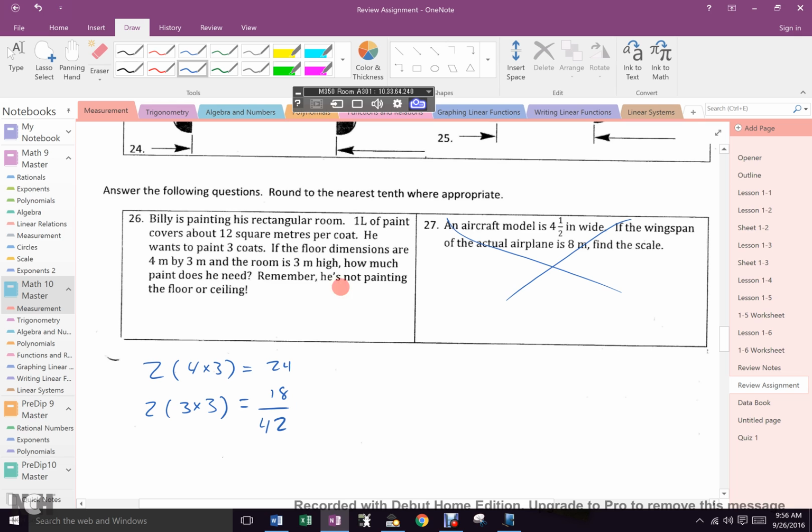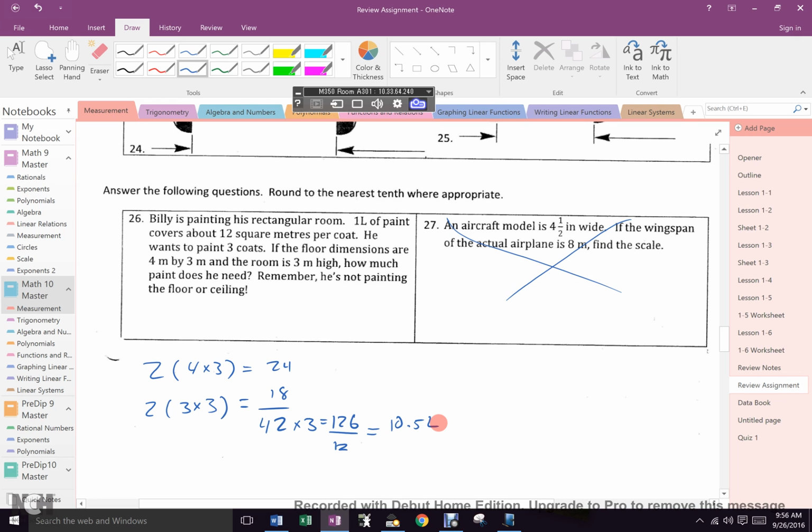But I want to do 3 coats. So what do I do with the 42? Times 3 to get 126 square meters, right? Everybody's cool with that? Now, 1 liter will do 12. I got to do 126, so I divide that by 12, and I get 10.5 liters.